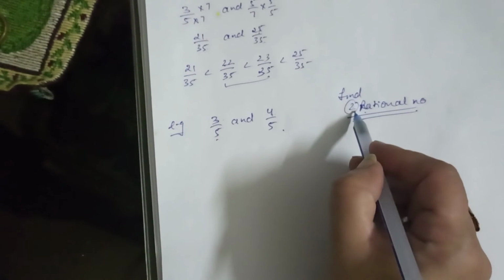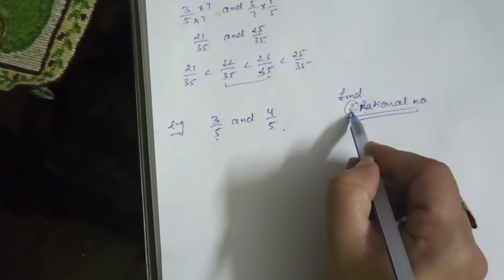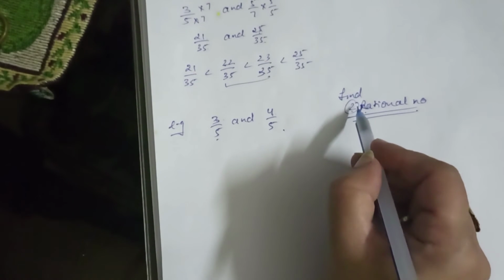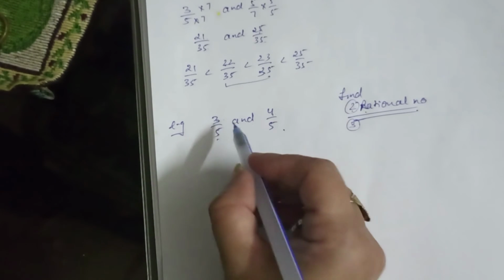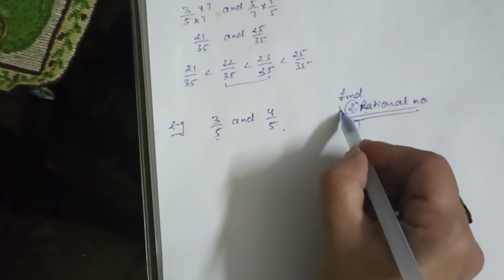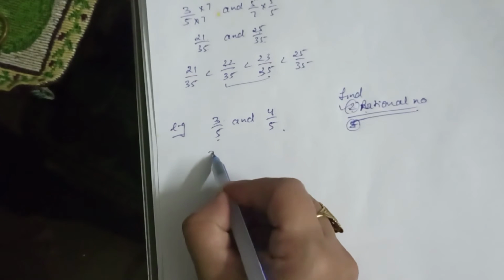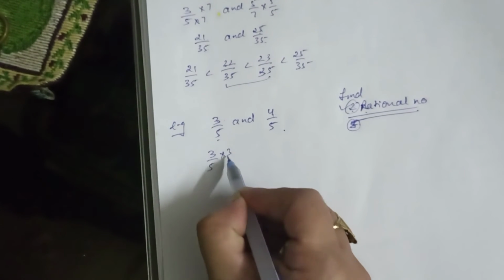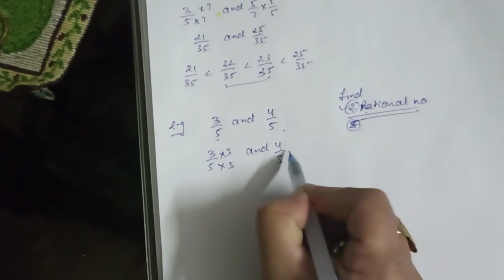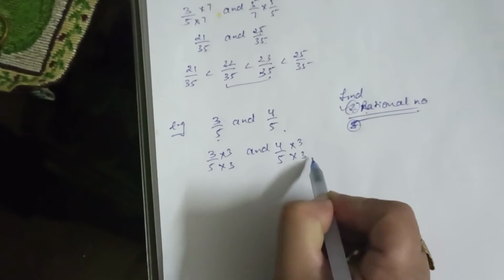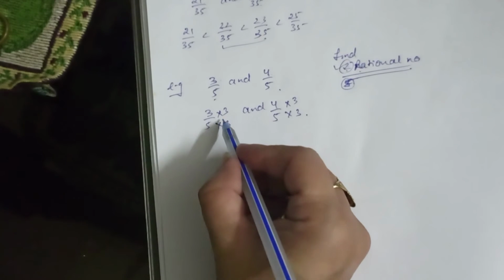If you have to find two numbers, then multiply by 3. If you have to find three numbers, then multiply by 4. So in this case, for two numbers, multiply both numerator and denominator by 3, and also on this side multiply both by 3.